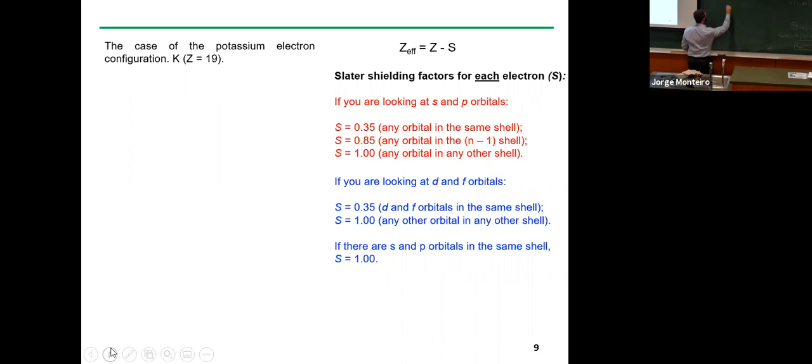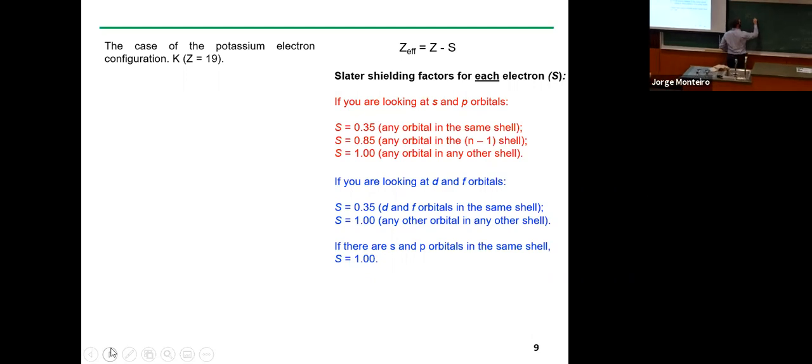All right. Let's remove this here. Now we have 1s2, 2s2, 2p6, 3s2, 3p6, 4s1.